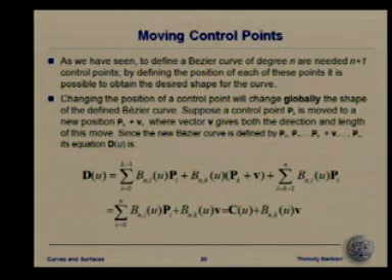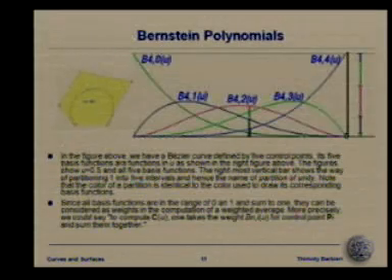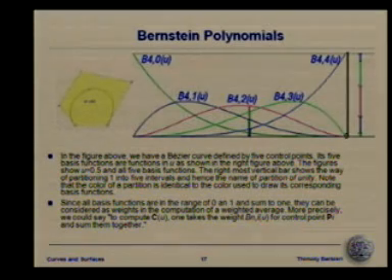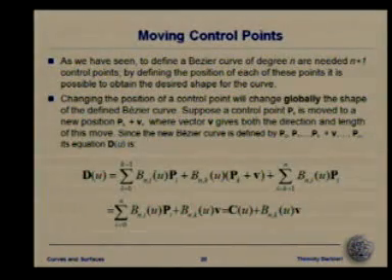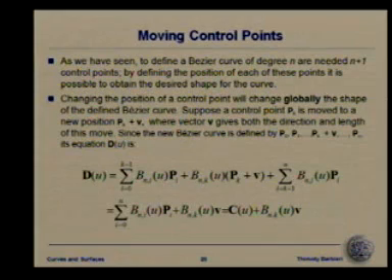But this Bernstein polynomial is 0 only either here or here, and it is non-zero everywhere else. Since it is non-zero everywhere else, it means that the change to the original curve is more or less global for the whole curve.